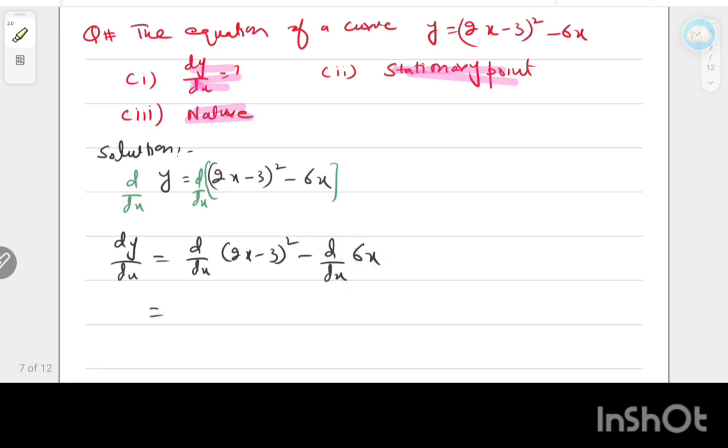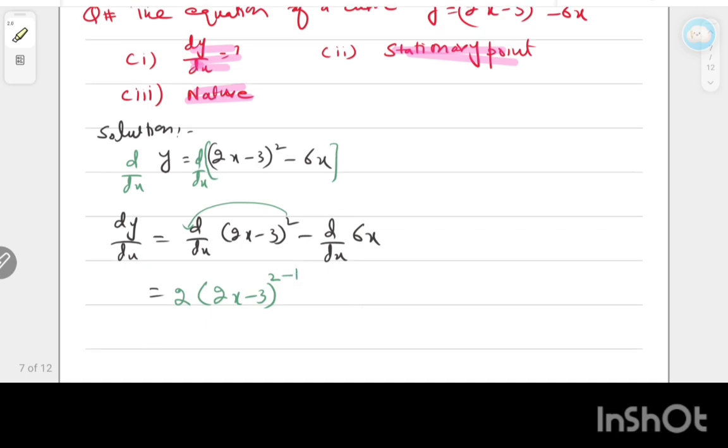Now the next step: the power will come at the start, so it will be 2 times (2x minus 3), and 1 is subtracted from the power. Now we take the derivative of the inner term 2x minus 3.